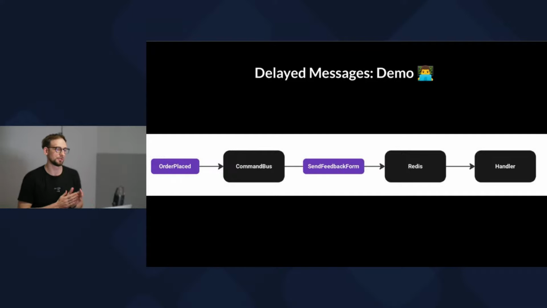The idea is to have a feedback form sent to the customer, let's say after 3 days of the order being placed. So we know by then the customer received the order and they can write it online or just share some feedback with us. And this is the second example, so let me show it.